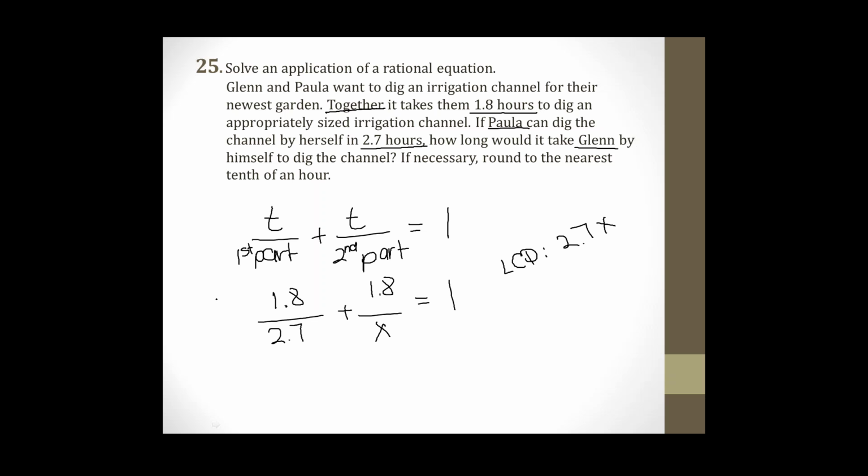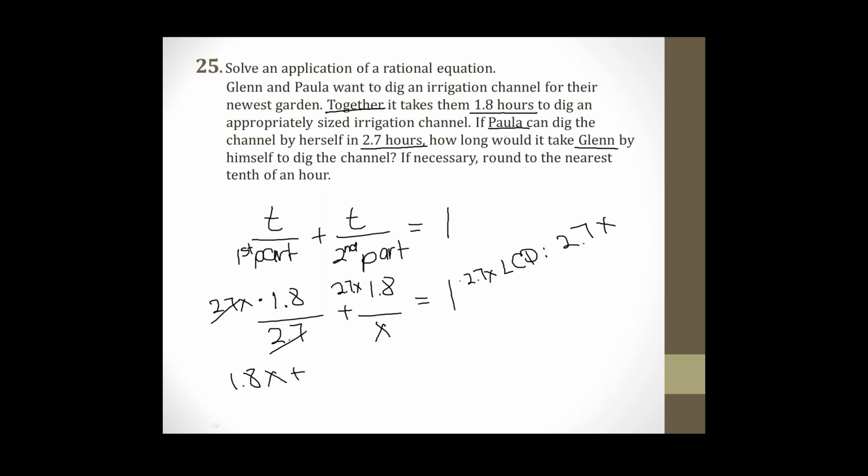So we multiply each individual term by the least common denominator, 2.7x. In this case, the 2.7 will cancel out, and I'm left with x times 1.8, which is 1.8x.